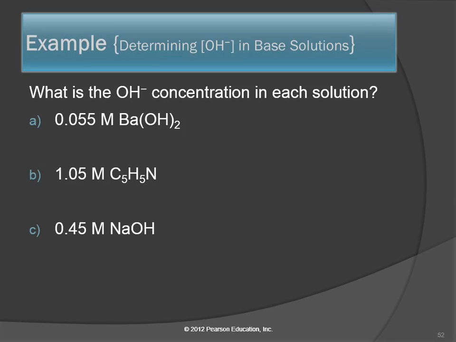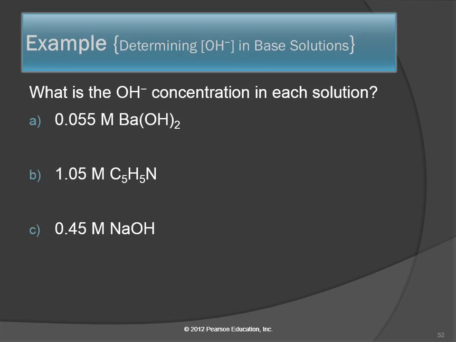So if we're looking at bases, and I'm trying to figure out what's the hydroxide ion concentration. So there's barium hydroxide. Is that going to be a strong base or a weak base? Any of the metal hydroxides that we're going to ask you about are going to be strong bases.